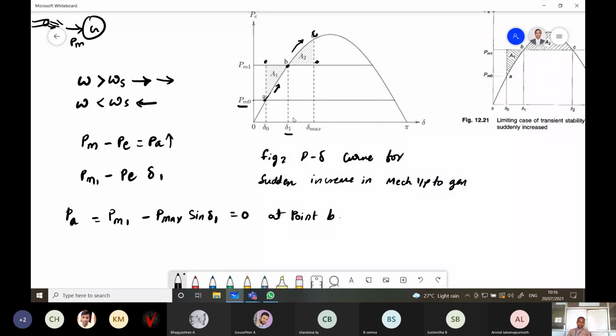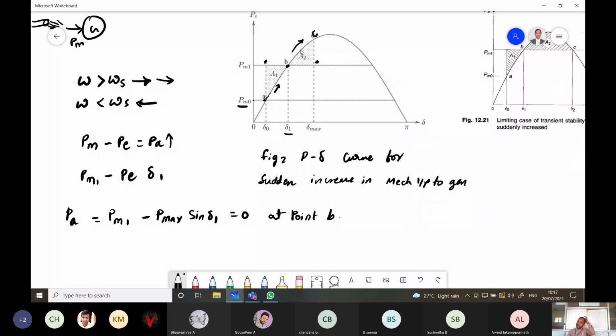Pa now becomes negative, so it is decelerating while the angle keeps increasing. Now it starts decelerating, and the rotor speed begins to reduce at that point C.